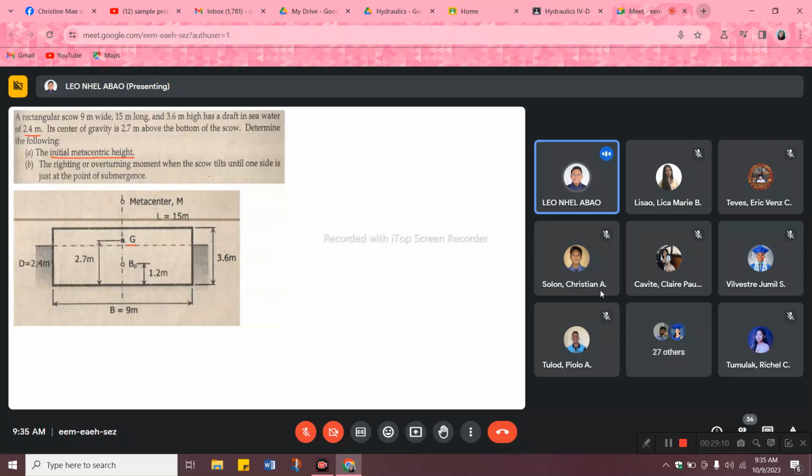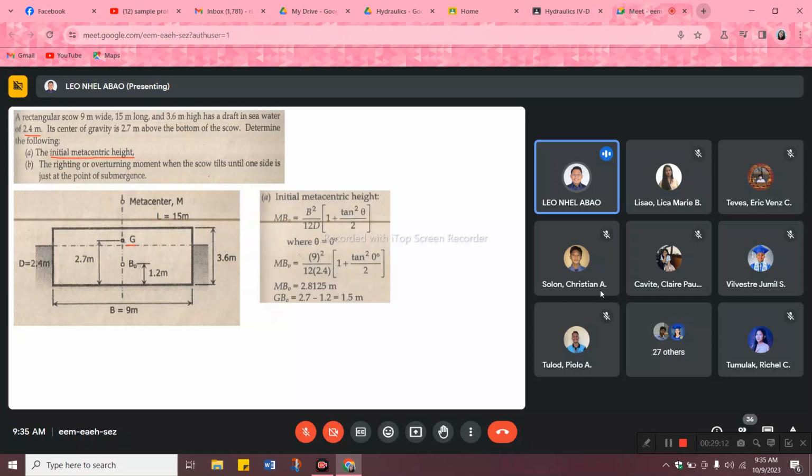Initial metacentric height. Since the figure is rectangular, we use this formula. But again, class, please check using your calculators: if you compute MBO as I over VD, it will arrive at the same answer. So we get 2.8125 meters.